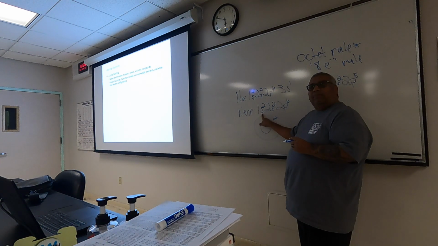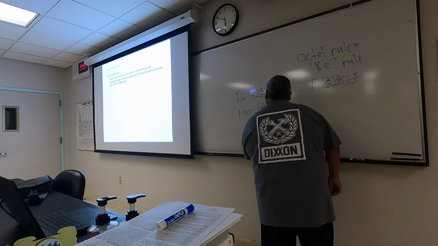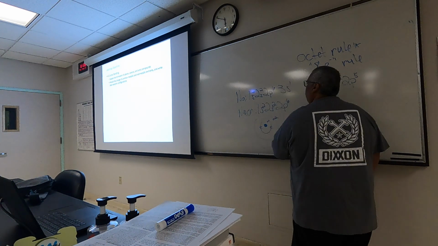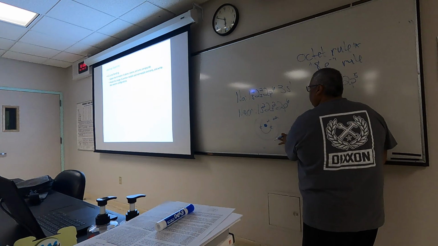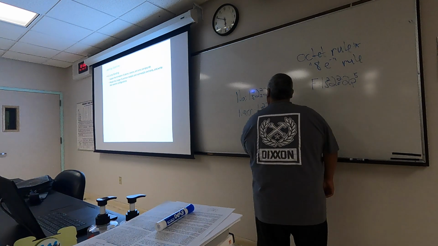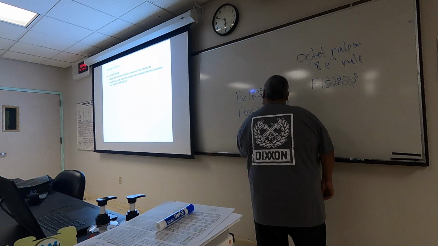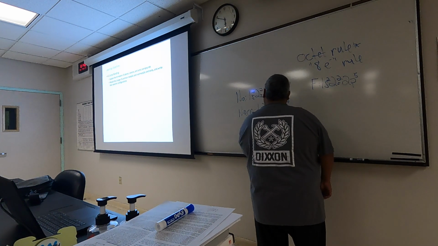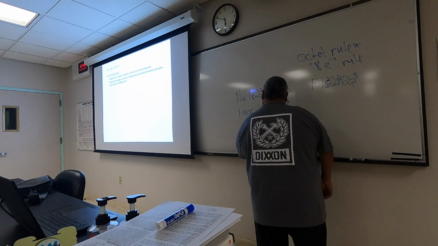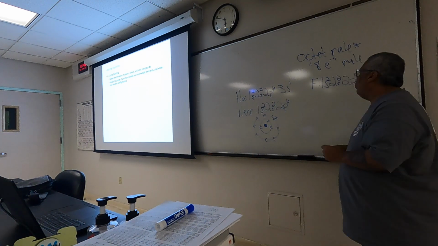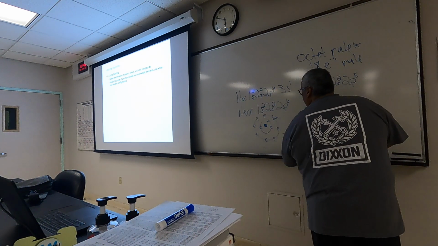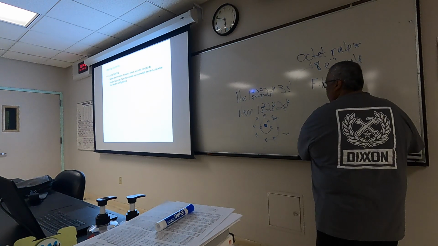In the first energy level, we're going to put 2 electrons. So here's 2 electrons, one here, and then here in the second energy level, we're going to put 8 electrons. So here, 2, 3, 4, 5, 6, 7, 8 electrons.